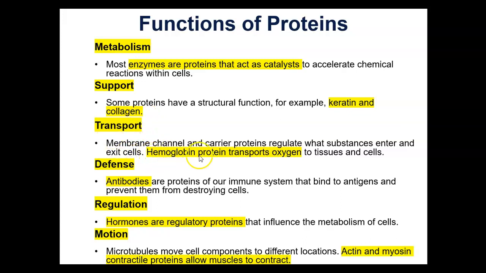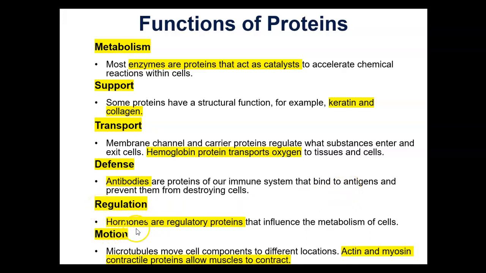Transport proteins include hemoglobin, which transports oxygen on our red blood cells. Defense proteins include antibodies. Antibodies are produced by B cells of our immune system and help us to fight against antigens, which are just molecules that stimulate an immune response in our body.